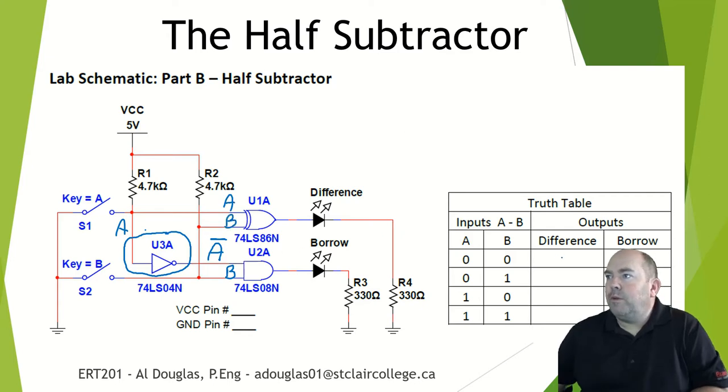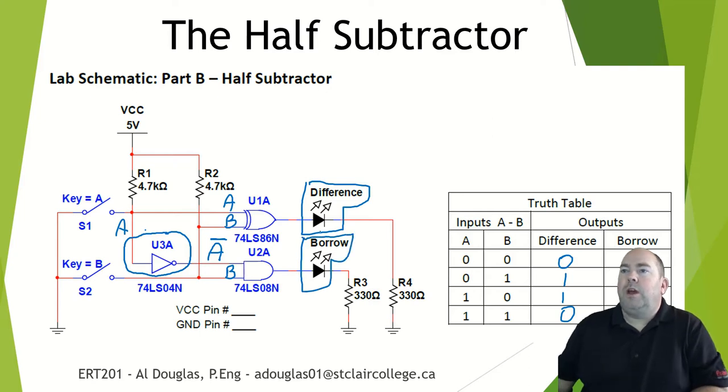Okay, so our difference, that's the XOR function. And the borrow looks like that. So the difference light comes on for difference. The borrow light comes on when we actually have to perform a borrow operation.